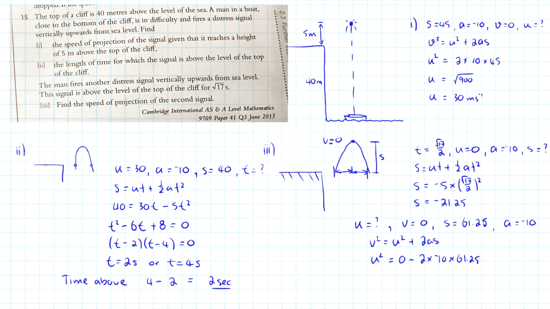What does that give us? Well, the negative and negative is very nice. That makes u squared equal to 1225, which tells me the initial velocity is equal to the square root of that, which is 35 meters per second.